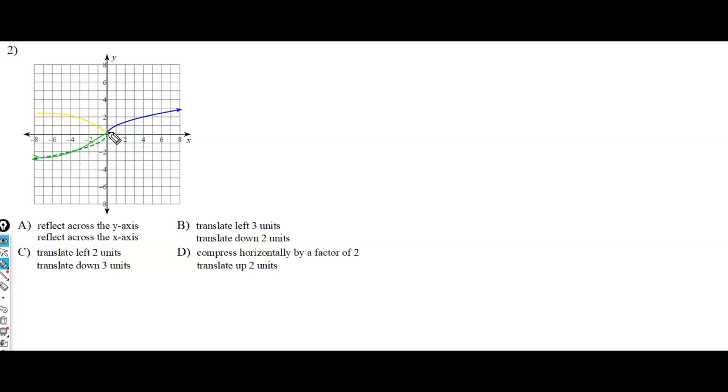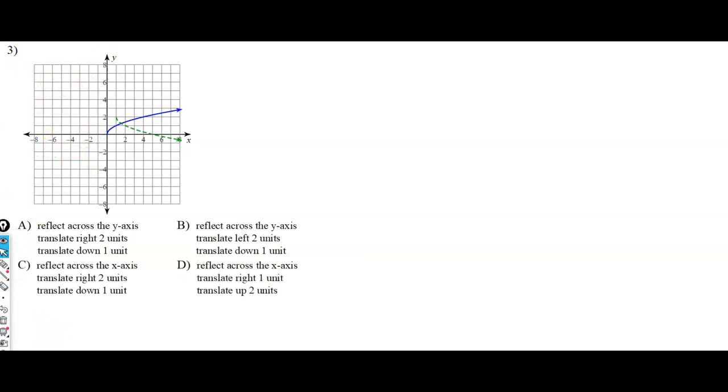So it's been reflected both ways. It's been flipped horizontally, and it's been reflected vertically. So that would be option A, a double reflection. There's been no translations or anything like that. It has not been moved. It's just been reflected. That's it. So that's the end of that one.